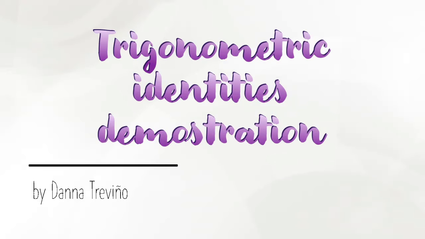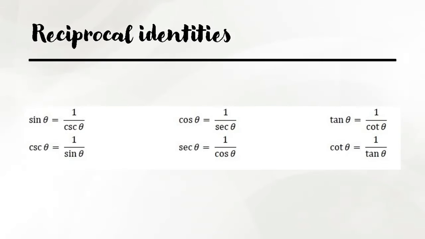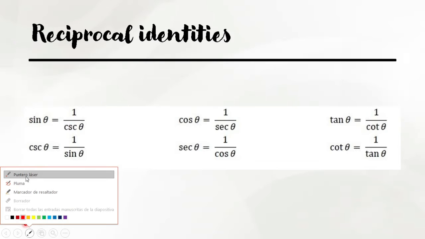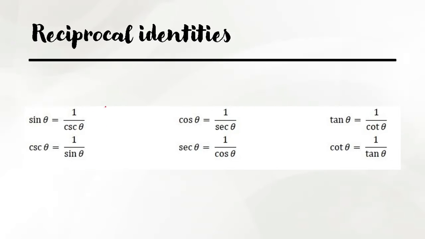Hi, I'm Danna, and I'm going to explain how to demonstrate the trigonometric identities. Now we have the reciprocal ones, and we only need to substitute this and this.